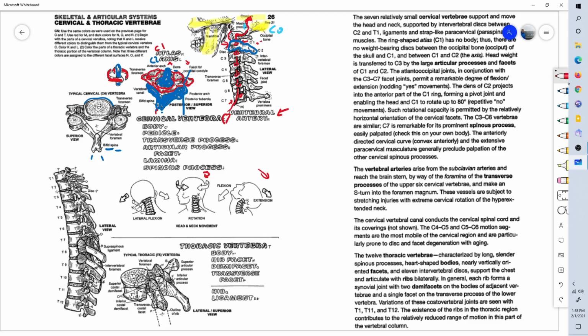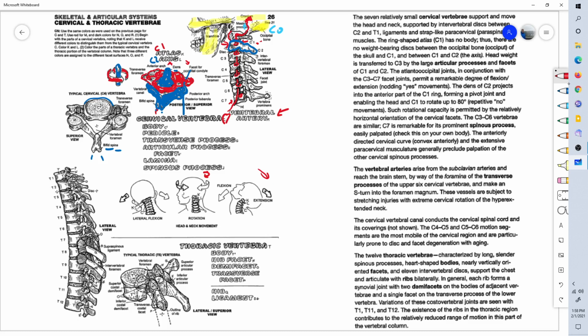The atlas forms a circle around and surrounds the dens. It lies on top of C2, but it forms a circle around the dens of C2. Here.